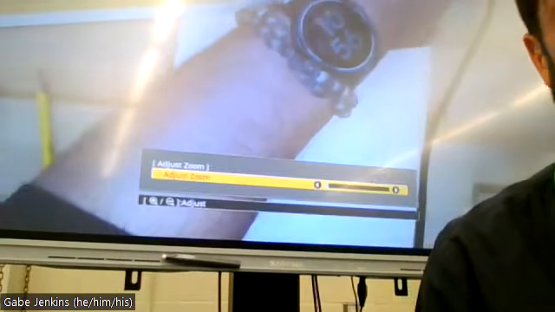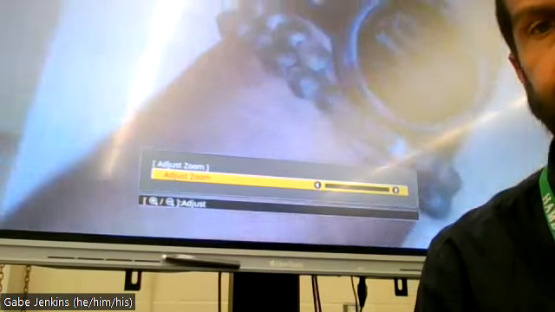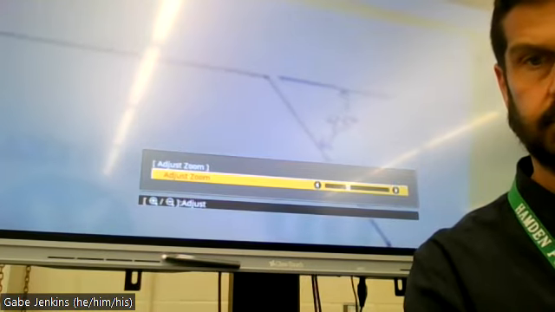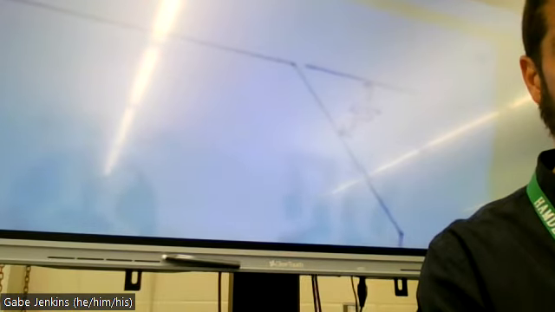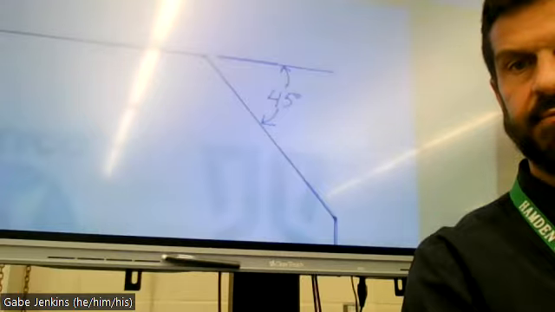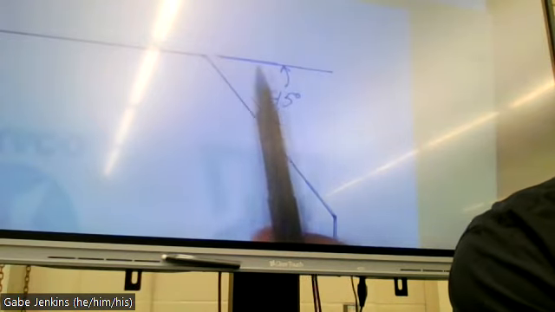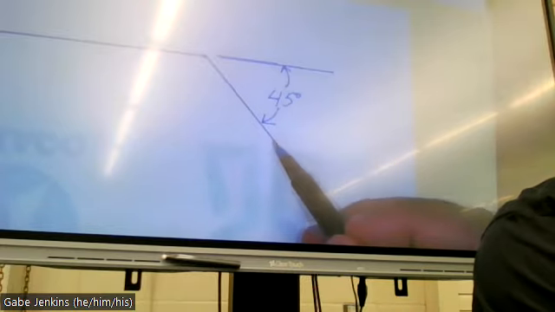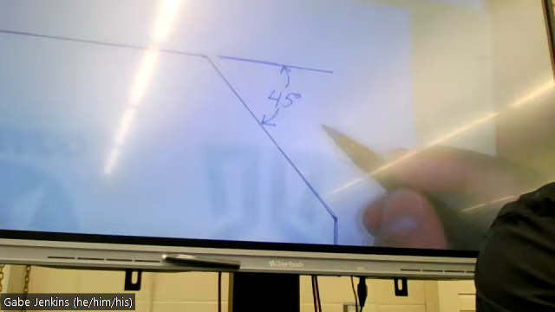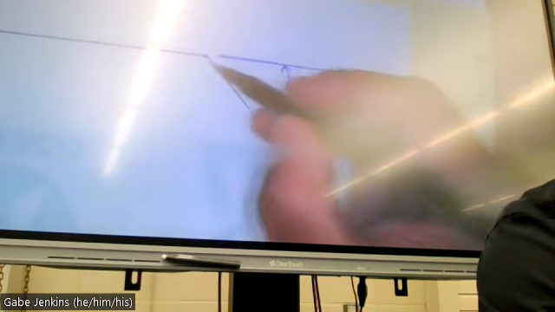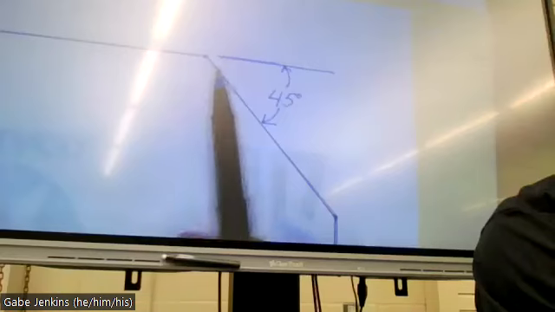So if we zoom in on it, it's going to end up looking basically like this. We've extended this line over, and we've said this is a 45-degree angle. It doesn't matter if I had extended this line; this is the right way to do it, but I could also extend it that way.